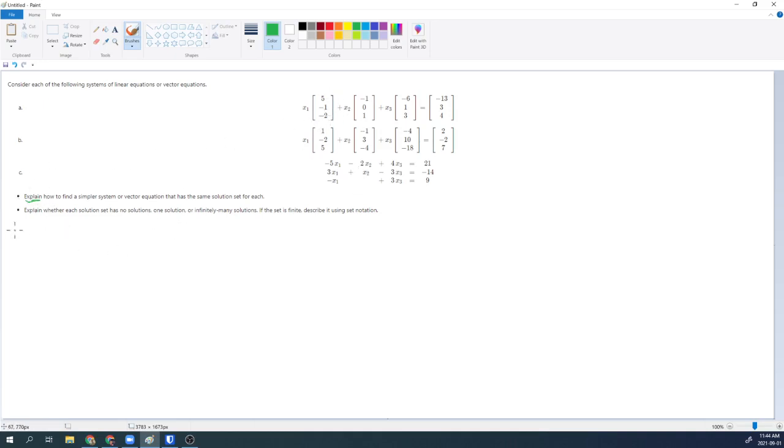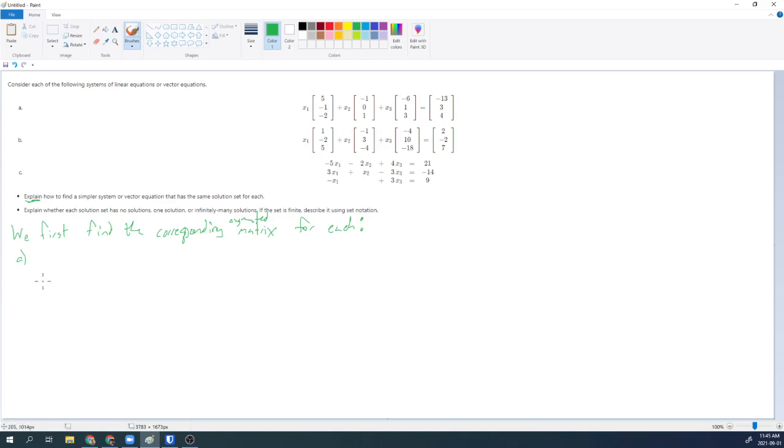I'm going to write, so we first find the corresponding augmented matrix for each. I'm going to do this one at a time, but I'll be doing it for B and C in a moment.